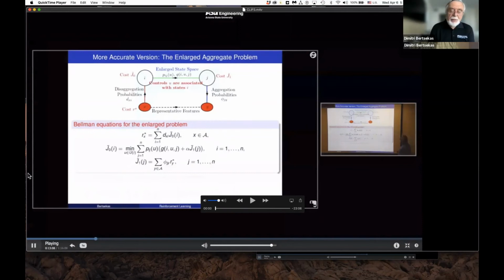And we have seen one formulation of aggregate problem, which we argued is not very satisfactory, or perhaps does not give us as good results as we would have liked, because it assigns the same control to all the states within the footprint of each representative feature. So what we're going to do next is look at this more accurate version of an aggregate problem, which we call the enlarged aggregate problem.